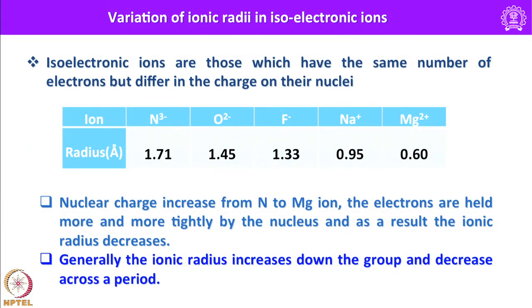That information comes from the effective nuclear charge. The nuclear charge increases from sodium to magnesium ion, so the electrons are held more and more tightly by the nucleus, and as a result the ionic radius decreases. Generally, the ionic radius increases down the group and decreases across a period, as we saw in the previous slide.